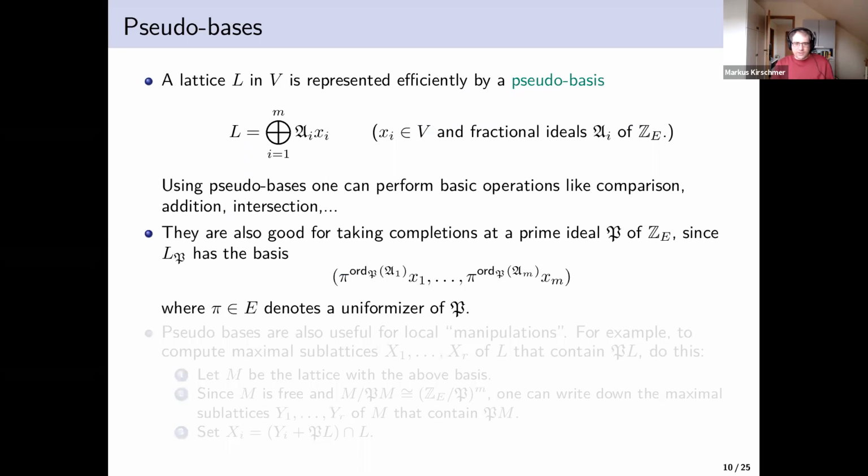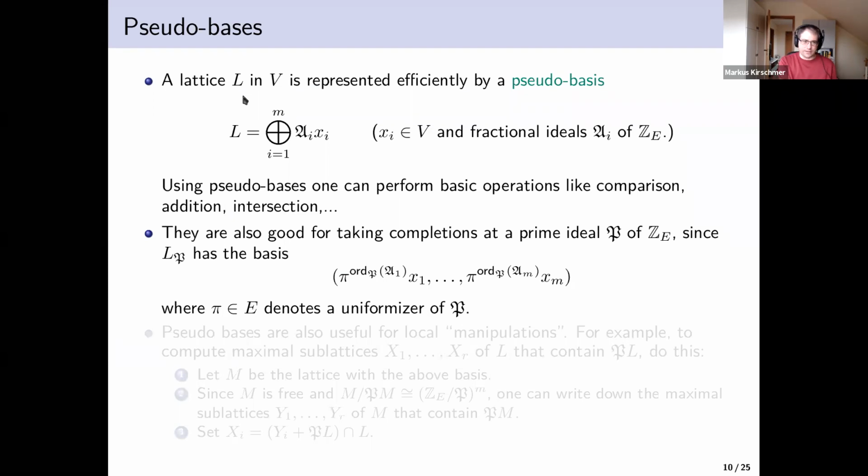Now, before we continue with solving these 3 problems, of course, I want to say a few words about how to represent a lattice in a computer. And the idea is that you use a pseudo-basis.